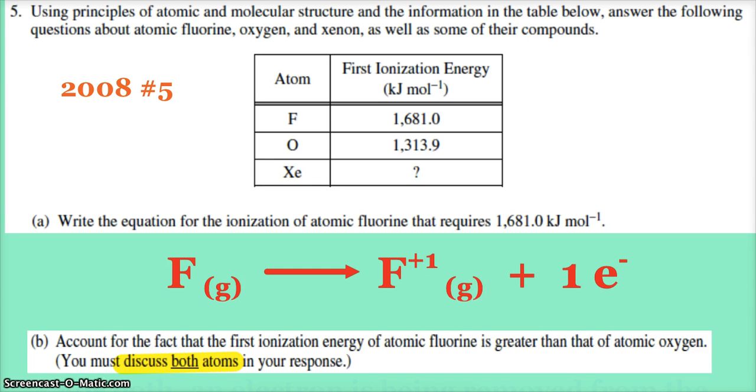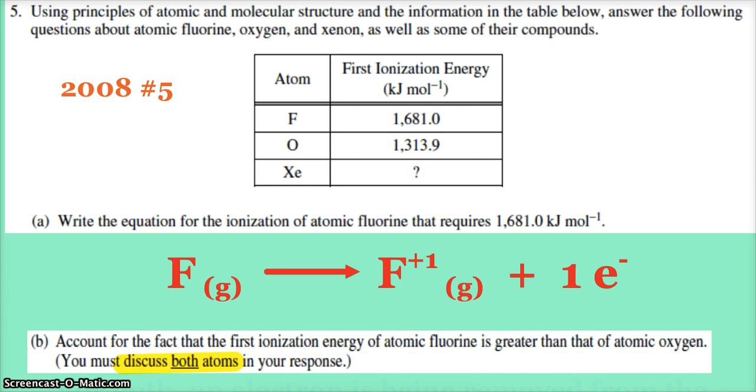Account for the fact that the first ionization energy of fluorine is greater than that of atomic oxygen. Discuss both atoms in your response. Why would fluorine require more energy? What you should do right now is look at your periodic table and notice that oxygen and fluorine are next door neighbors.